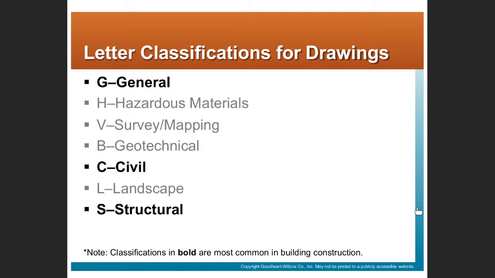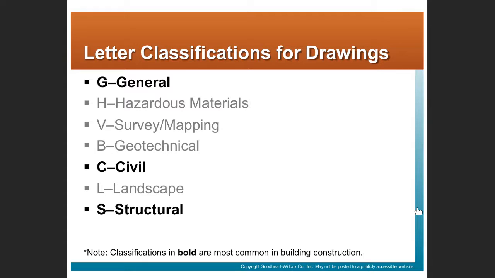The civil drawings are going to show the roads or driveways that are on the site. They're likely to show the site utilities, where the water supply is, where the sewer is, how the sewer from the building connects to the sewer main that's in the road in front of the building.